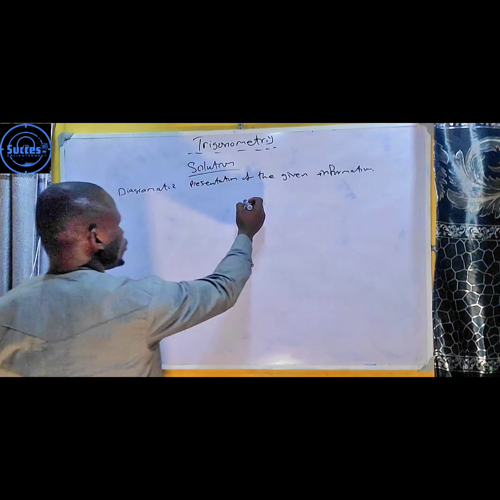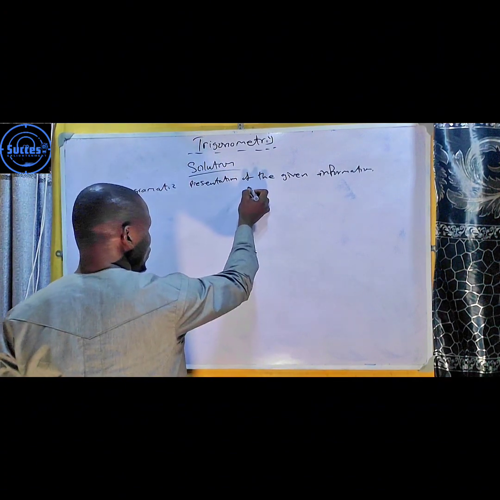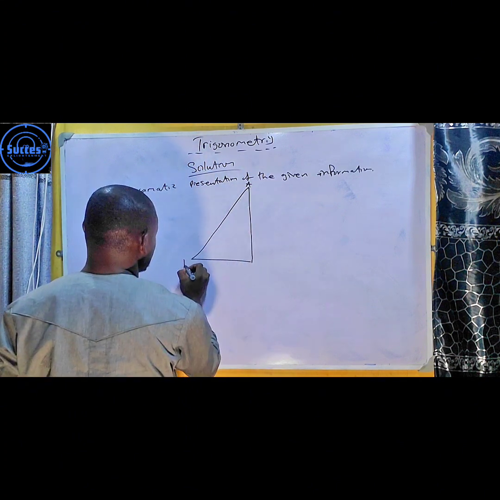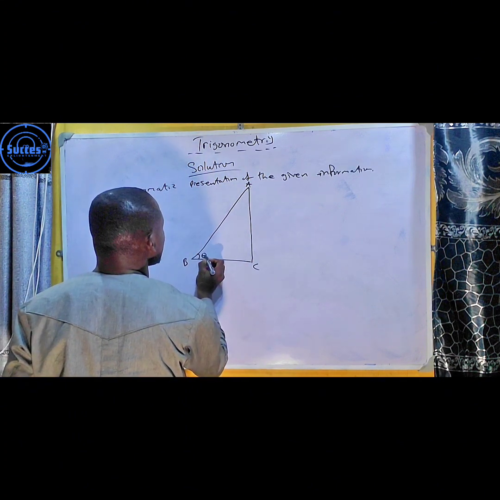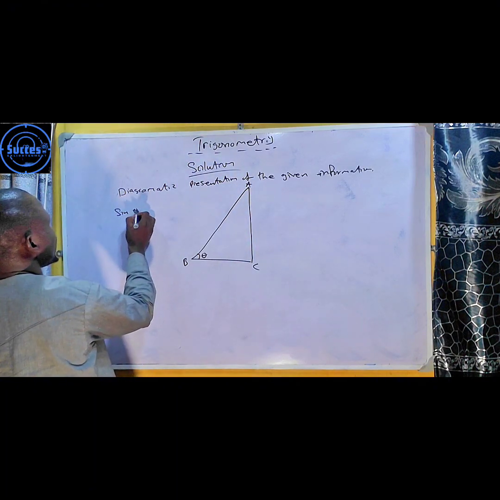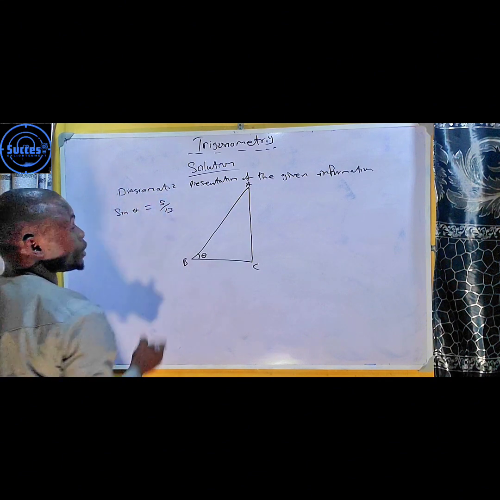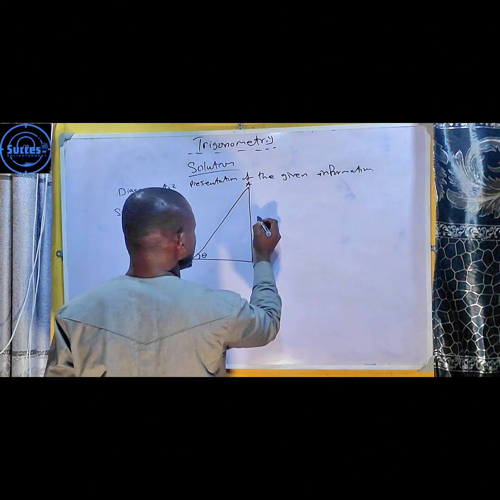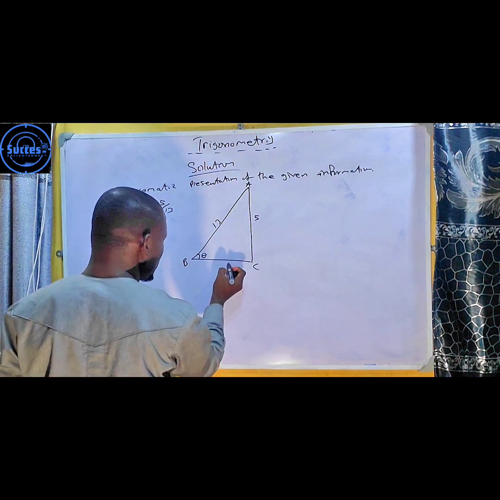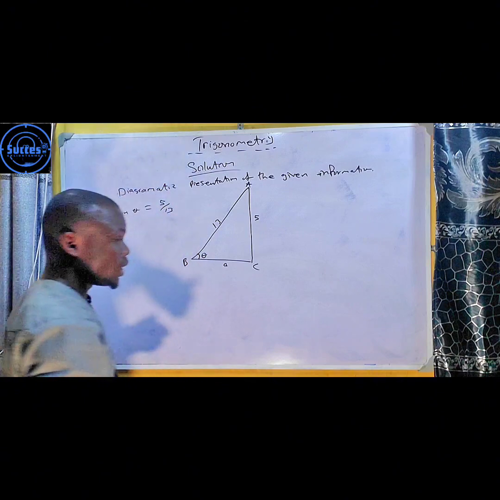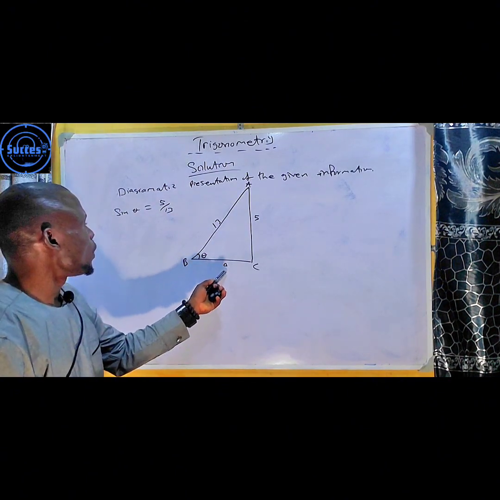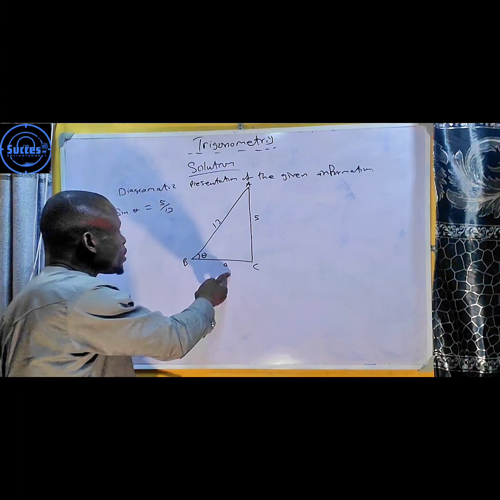And from there, I draw my right angle triangle, okay? I label this A, B, C. This is my theta. And this will be the opposite side of theta. Don't forget, you are given sine theta to be 5 over 13, okay? So this will be 5. The hypotenuse side will be 13. This is unknown. I leave it as small letter a. Alright. Now since we have to find cos theta, we need to find this other side.